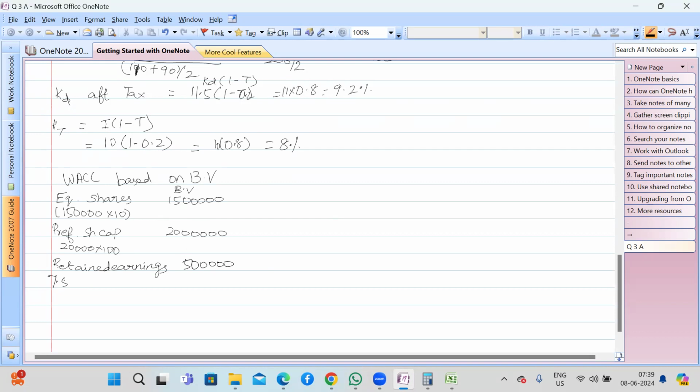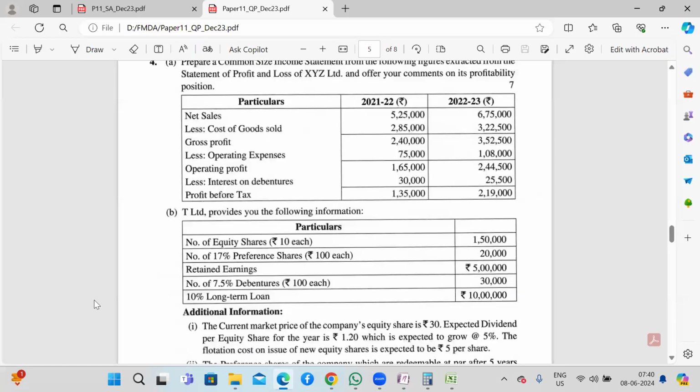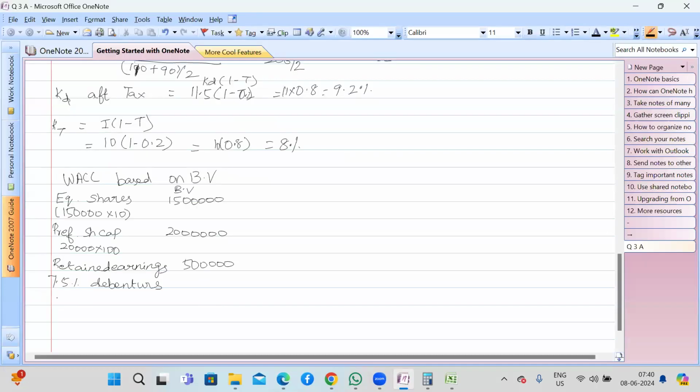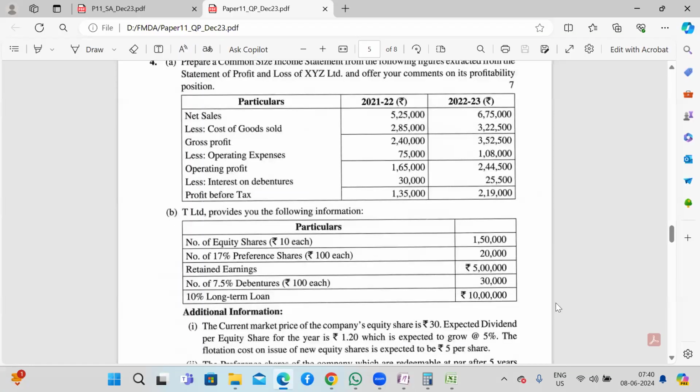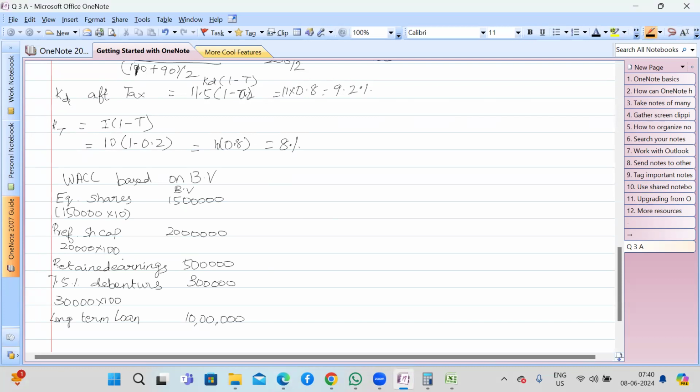Then 7.5% debentures, which is 30,000 into 100 each, so 3 lakhs. Long-term loan, 10 lakhs, that is 10% long-term loan interest.